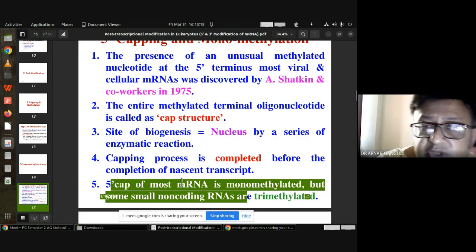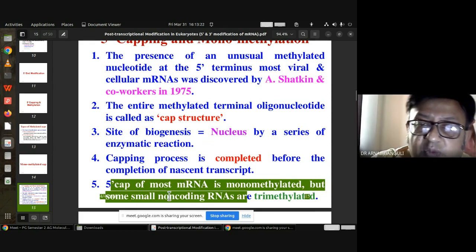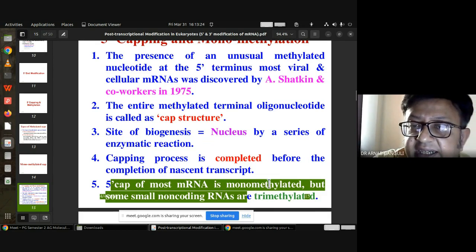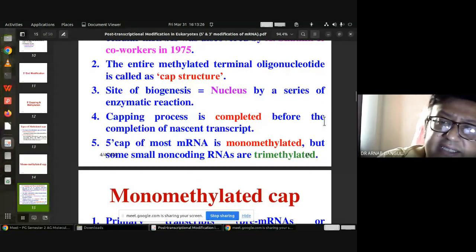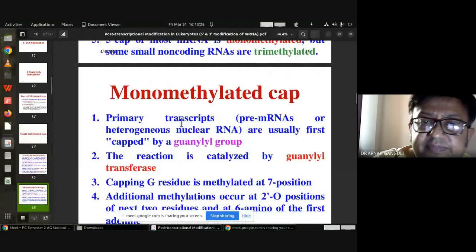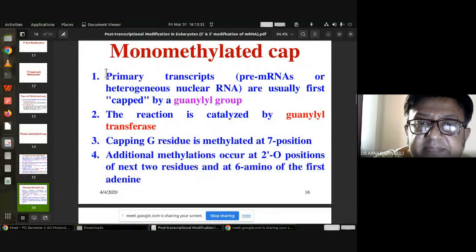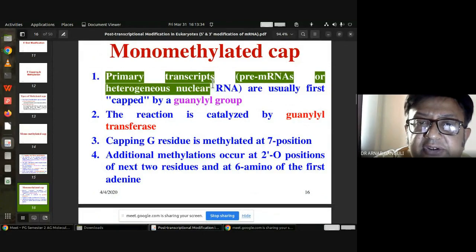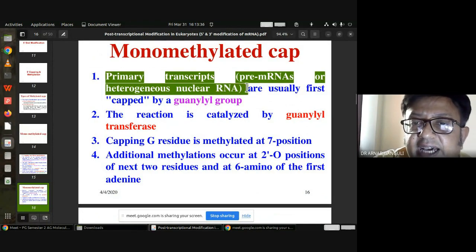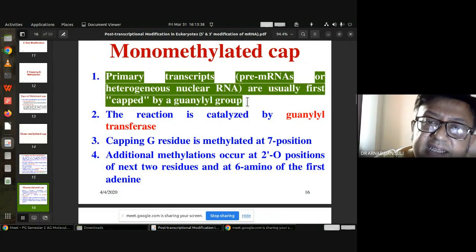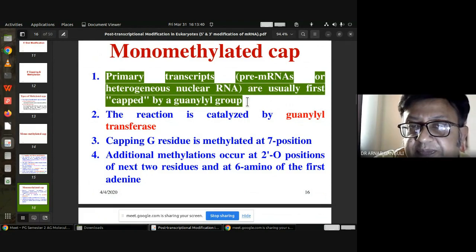The 5' cap of most mRNA is monomethylated, but some small non-coding RNAs are trimethylated. Monomethylated cap. So the primary transcripts, pre-mRNAs or heterogeneous nuclear RNAs, are usually first capped by a guanylyl group.